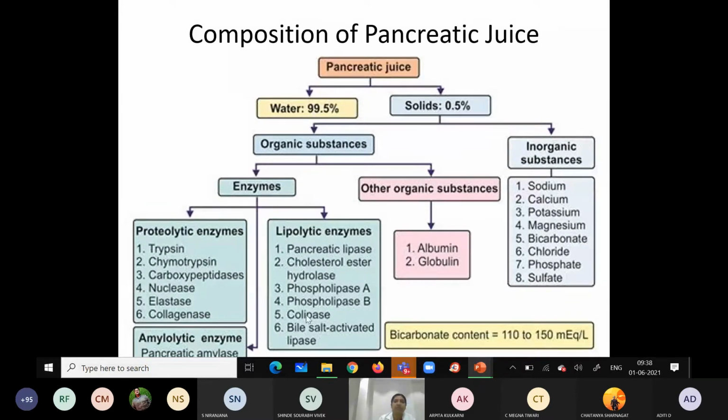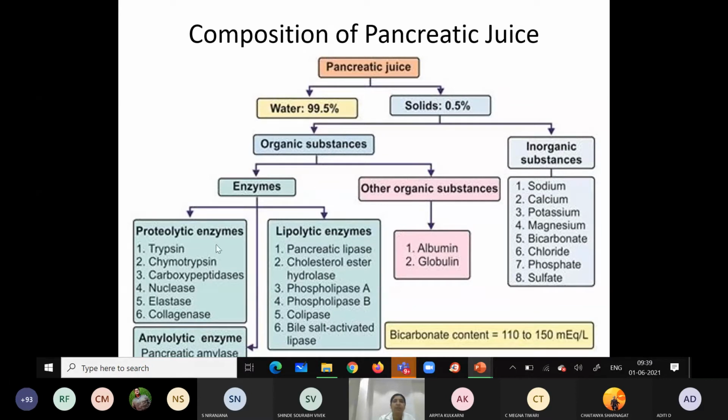So there are six lipolytic enzymes. The first is pancreatic lipase, cholesterol ester hydrolase, phospholipase A and B, and colipase, and last are the bile salts that are activated by these lipases. Pancreatic lipase activates bile salts also, which helps in the emulsification of fat.